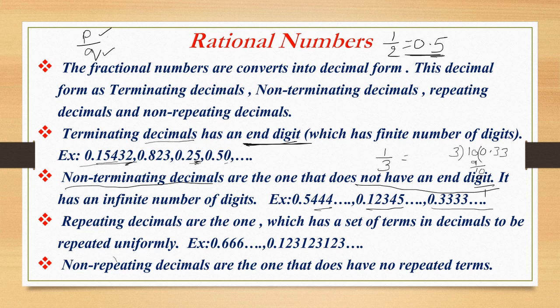In repeating decimal numbers, only some numbers repeat, like 0.666, only 6 is repeated. Here 0.123, 123, 123, again 123. 123 is repeated continuously. When the same numbers are repeated in the same way, that is called a repeating decimal.